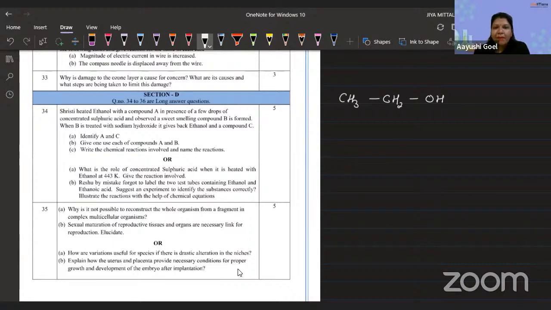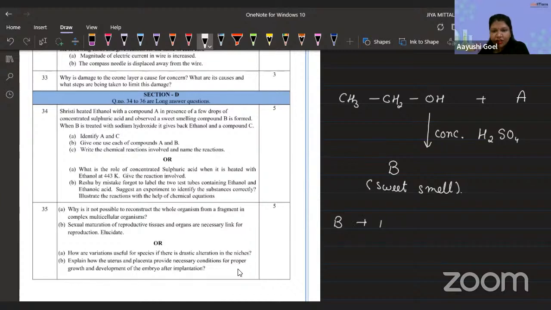Heated ethanol with compound A. Okay, so there is something A. And a few drops of concentrated acid is added. Concentrated acid is sulfuric acid. And you will get a sweet smell of B. Sweet smell. And now the next reaction, B is treated with sodium hydroxide, and it will give you ethanol back plus C. You have to identify A and C.